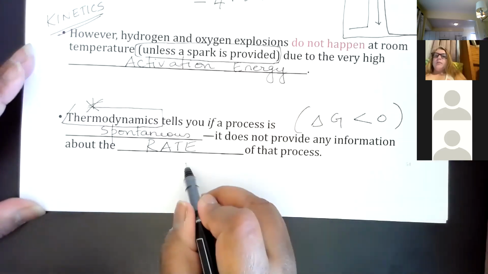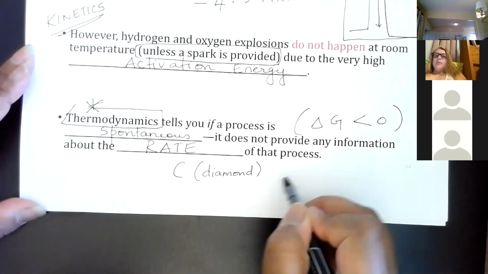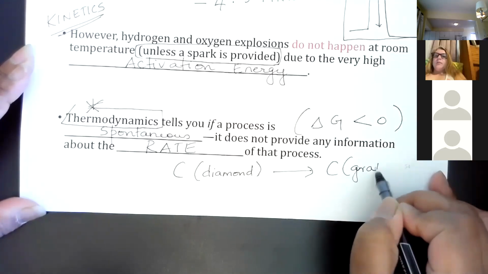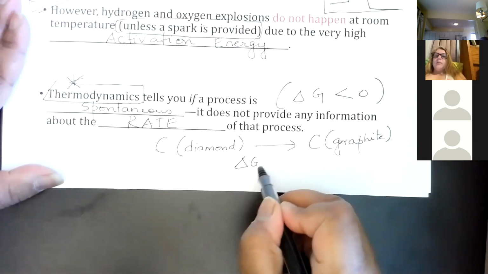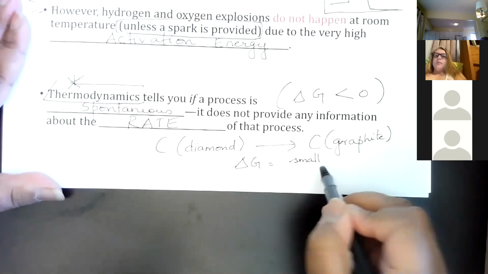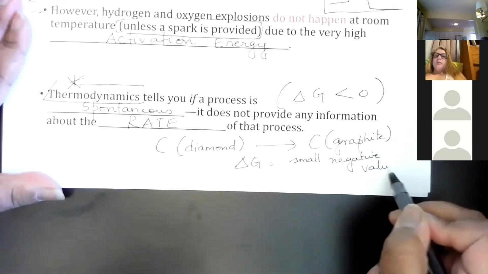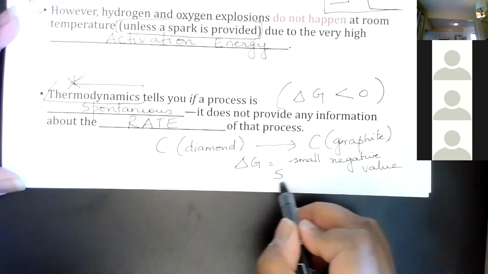The same goes for converting carbon diamond to carbon graphite. Now the delta G for this is a small negative value. What does that tell you? Is it spontaneous? Watch out for all those diamonds you're wearing. Delta G tells you that this is spontaneous.